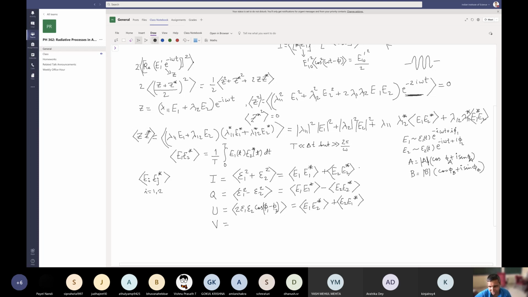You can actually verify these just by simple complex number manipulation. So this is 2 epsilon1 epsilon2 sine phi1 minus phi2.